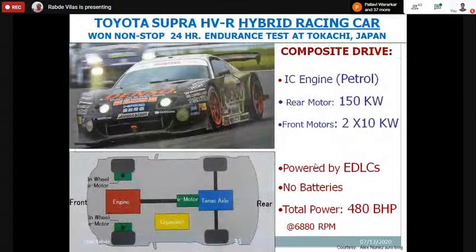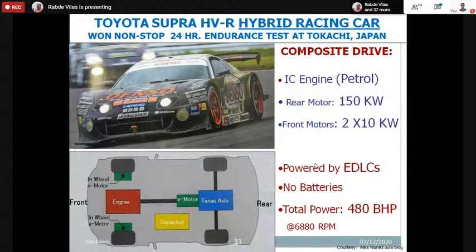Even the Toyota Supra high voltage hybrid racing car uses supercapacitors along with the IC engine. It's a hybrid system, and it can have 480 bhp at 6,880 rpm. So it uses a supercapacitor bank.